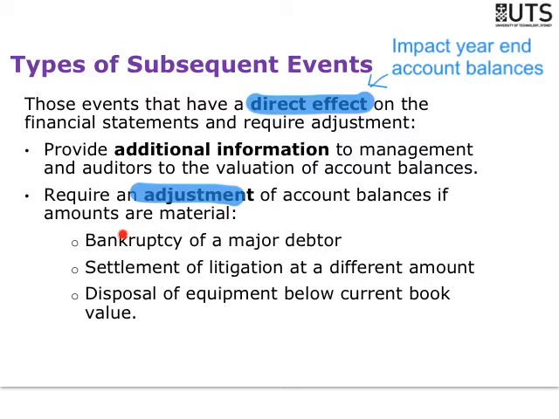If it turns out that after the year end this debtor goes bankrupt, we are unlikely now to collect the full amount of accounts receivable. So we need to discount the accounts receivable to reflect this bankruptcy. Okay? So this bankruptcy relates to an event or condition that existed at the year end.